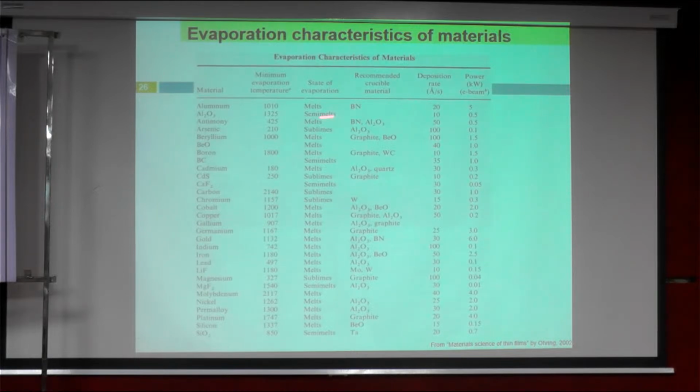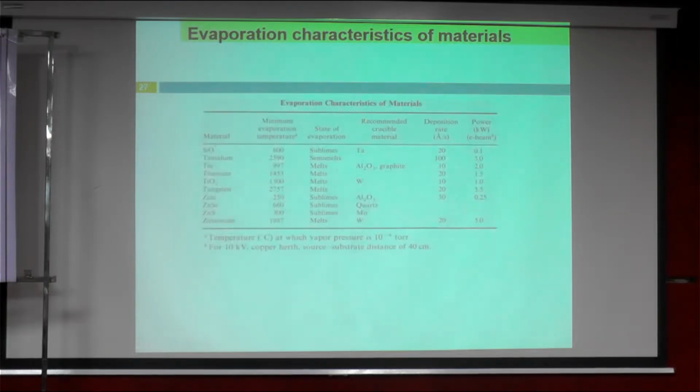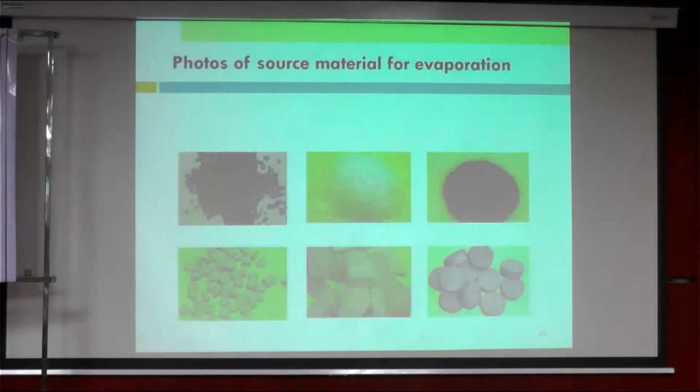If you have different times, let's say this is 20 Angstrom per second. For a material such as tin, you can have a minimum evaporation temperature of 997, a deposition rate of 10 Angstrom per second, then power of 2. This is another example of a different material.